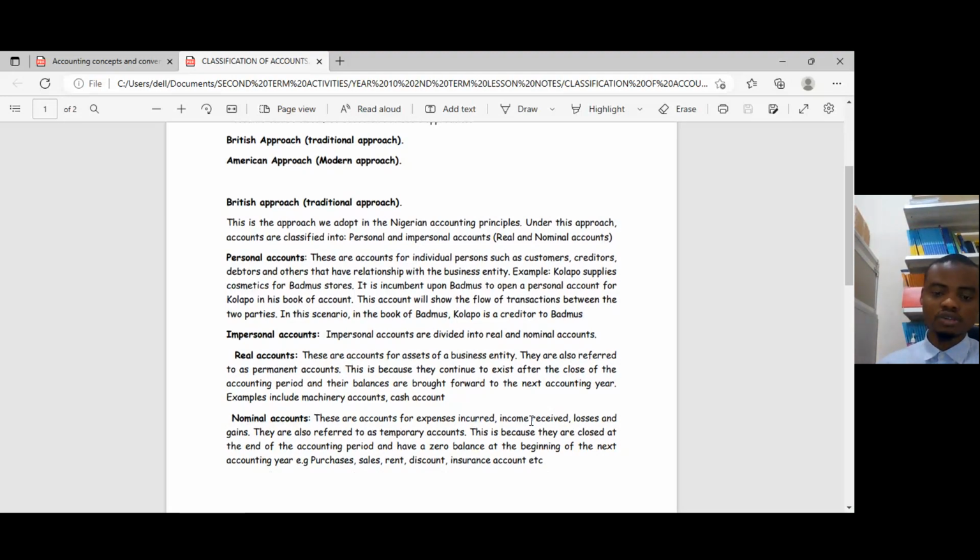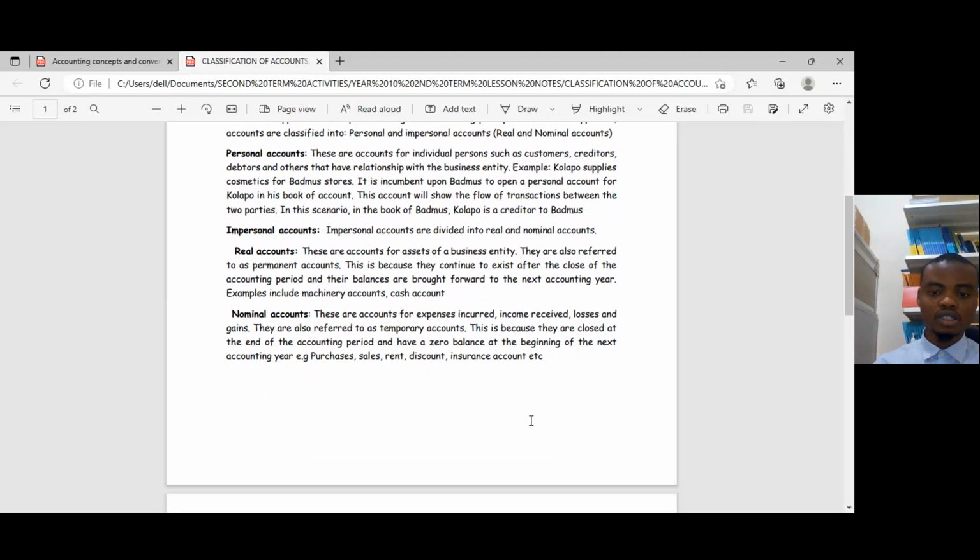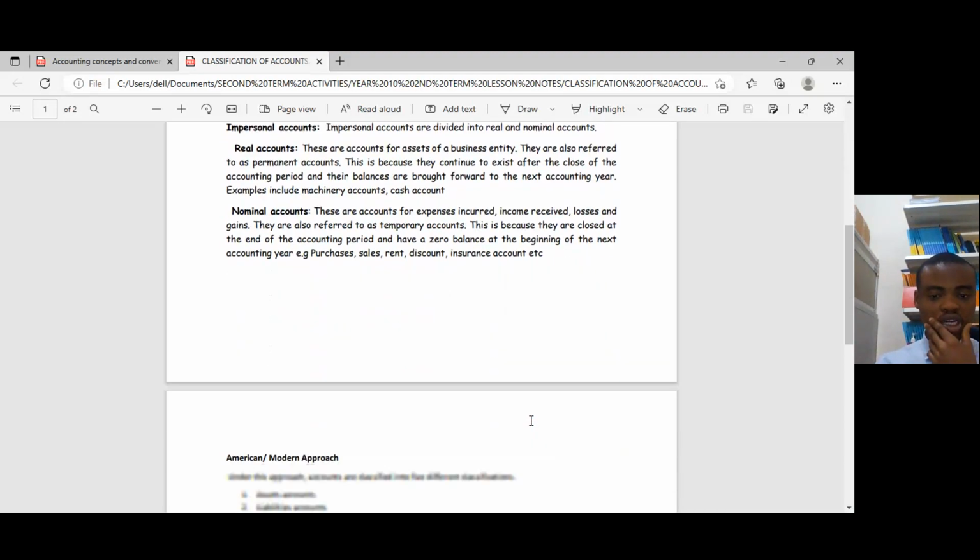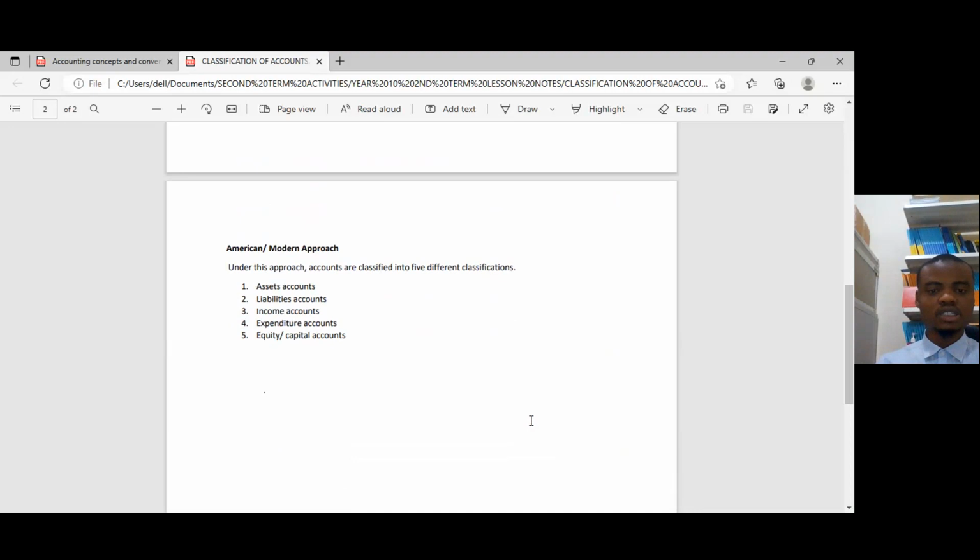The amount of rent for this year is likely to change from what you are going to pay next year. This is because they are closed at the end of the accounting period and have a zero balance at the beginning of the next accounting year. Purchases, rents, sales, discounts, insurance accounts are examples of nominal accounts.